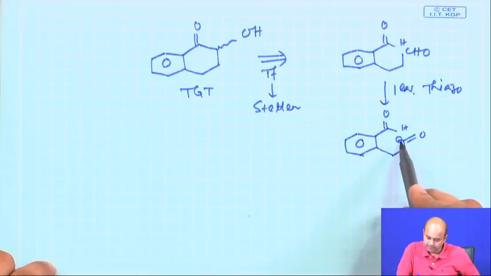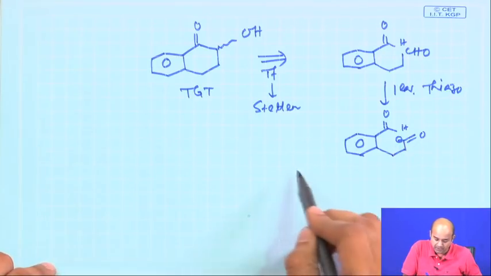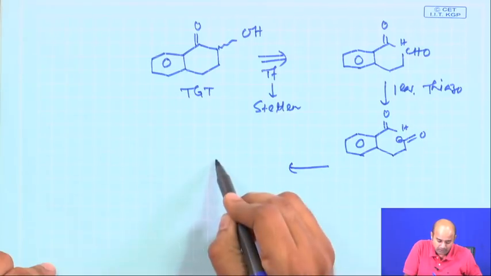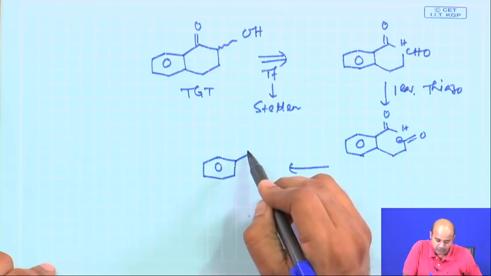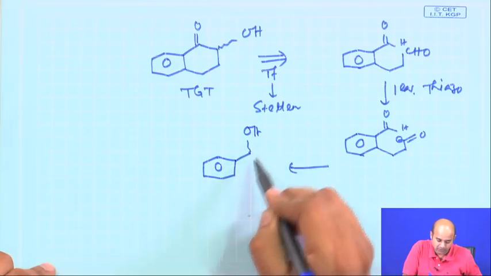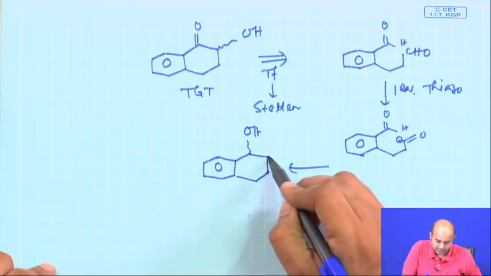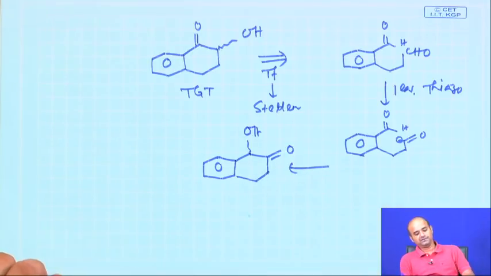But if this aldehyde has been generated as your main carbanion, you get a different product. It is not the real target which you are looking for. In that case, basically you will be getting this product, is it not?